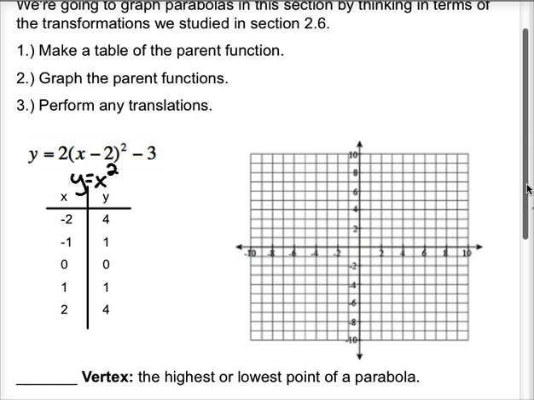Okay? So now that I have that table of the parent function laid out, remember the first thing is if there's a stretch, we want to incorporate that right away. So I'm going to add a third column here where I take that x squared and multiply every one of those values by 2.